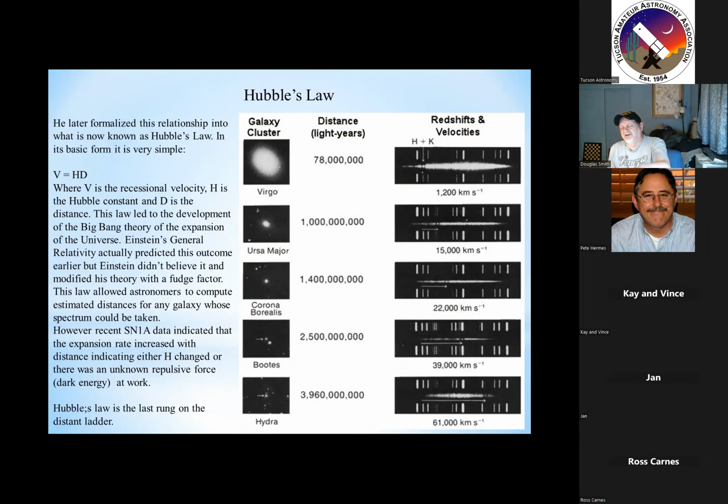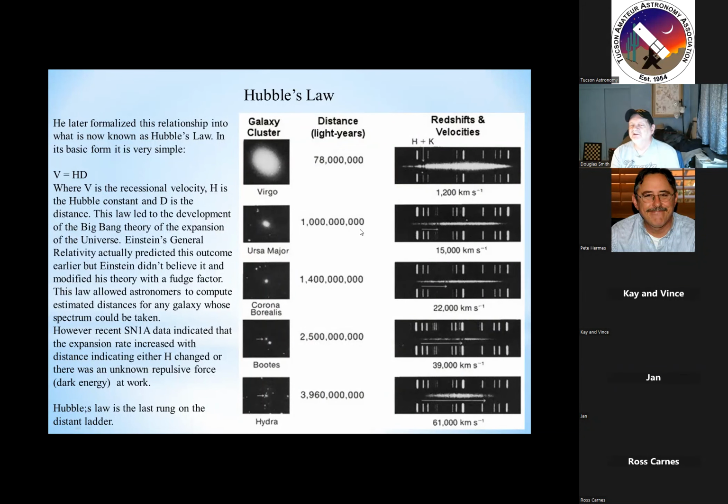And the figure on the right just shows you a few of them. For example, a galaxy in the Virgo cluster. You see the spectral lines there. There's a hydrogen Balmer line, and then there's the two calcium lines, the little pair of lines right here.